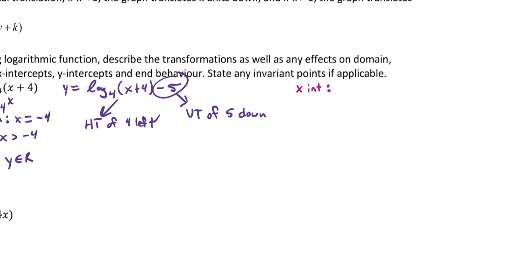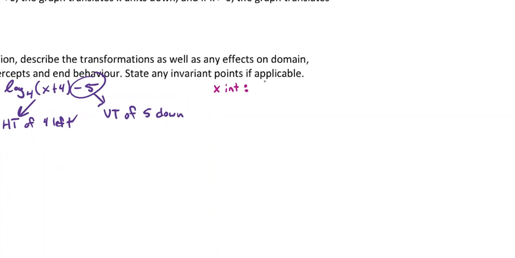We should make y equal to 0. So we'll just do that. We'll go back to our original equation here, and we'll make y equal to 0, plus 5 equals log base 4 of x plus 4.